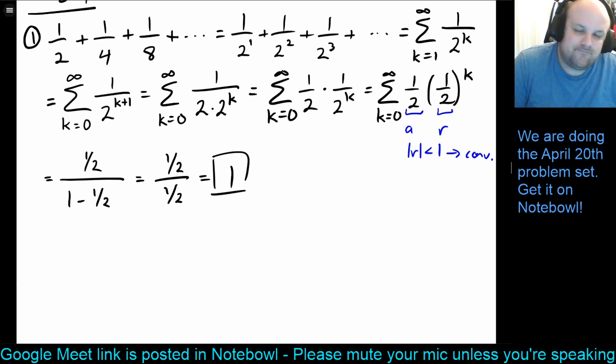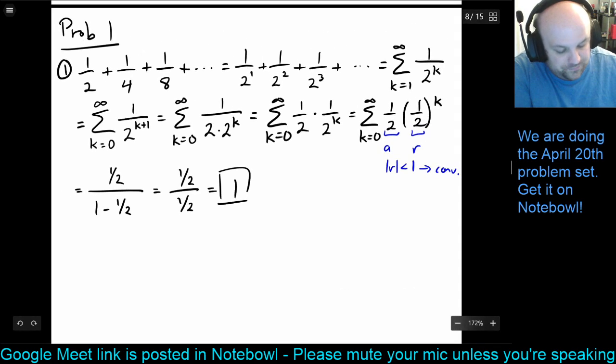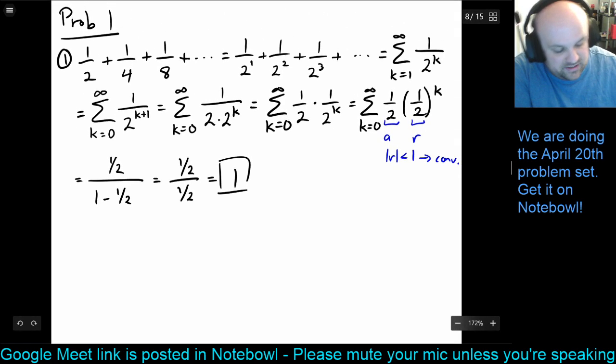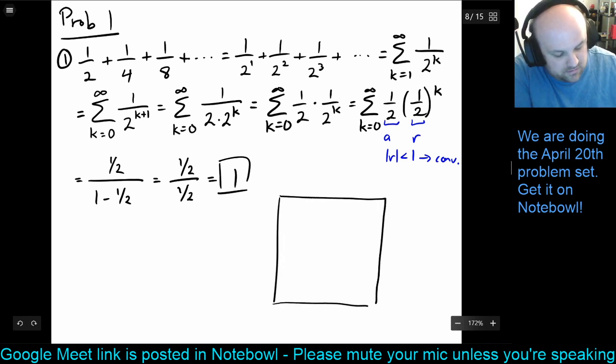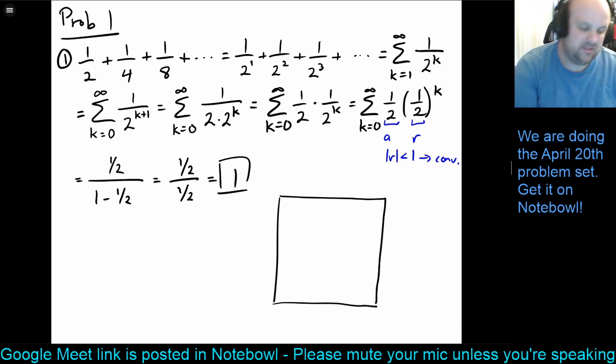So how can you see that? What's a good way to tell that the series is going to converge to 1? There's actually a geometric argument you can make for this one here. Right? So the geometric argument for this one is sort of like, imagine you have a square, or really any unit you want, I suppose.